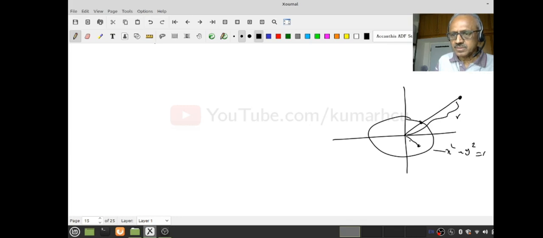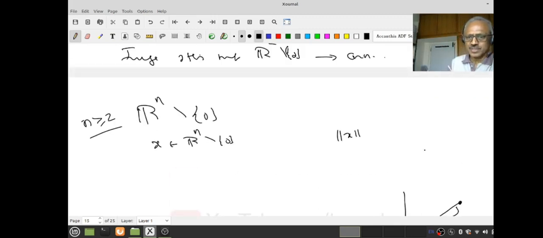Then this is your r, this is your cos theta, sin theta. Do you understand that? So all you have to do is, in the same direction, take the line joining 0 and the vector, and look at where it cuts the unit circle or the unit sphere. You understand? So that trick is what I am going to do.